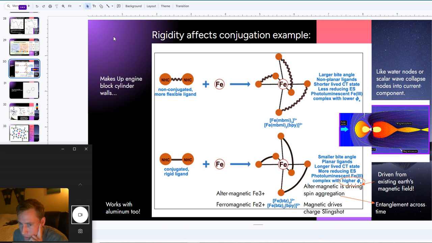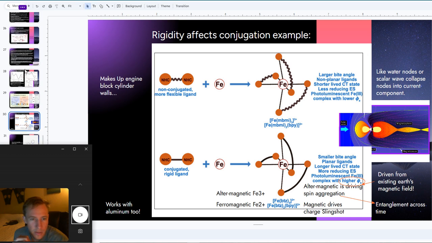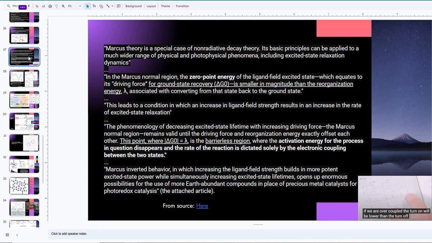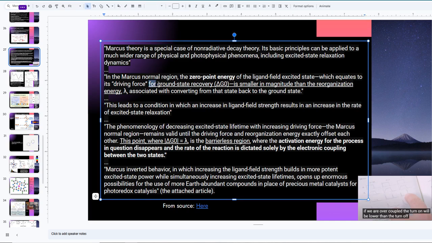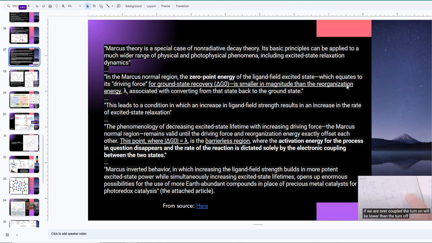So the rigidity of something is affected by this ligand, which is basically at the end of this right here. Ligand, so above as below, Marcus theory, sub H vibrations potentially stacking, in my opinion, but beyond that point, in this limited framework, we have a foreground state recovery, delta G naught, smaller in magnitude than its reorganization energy.